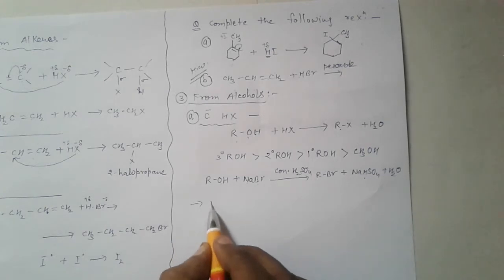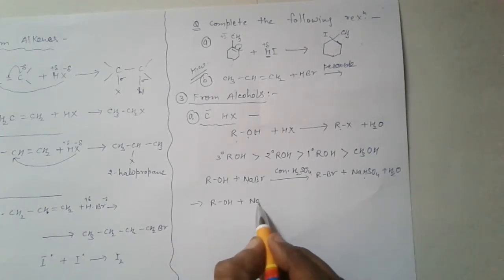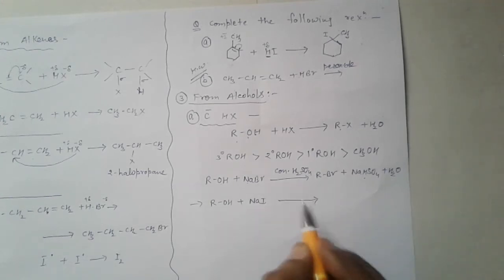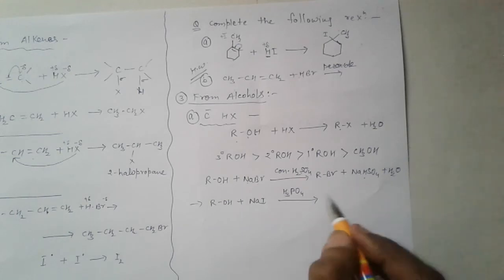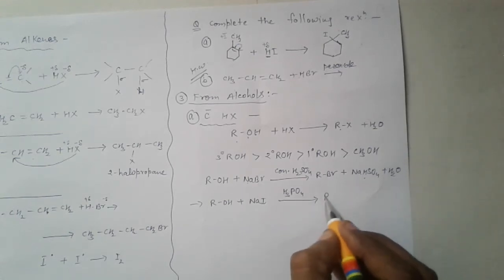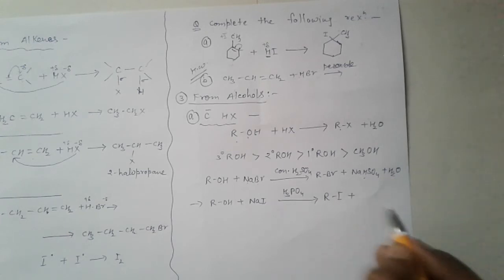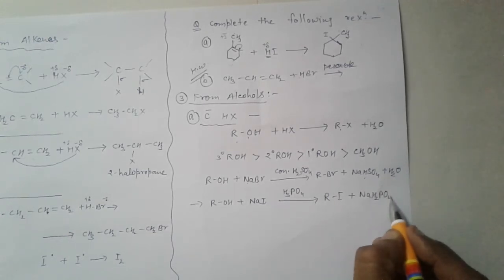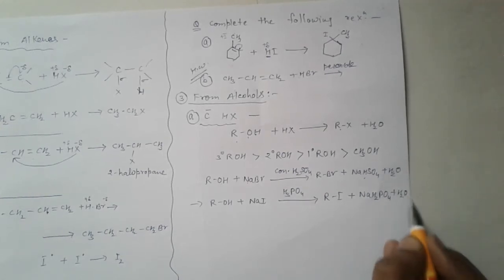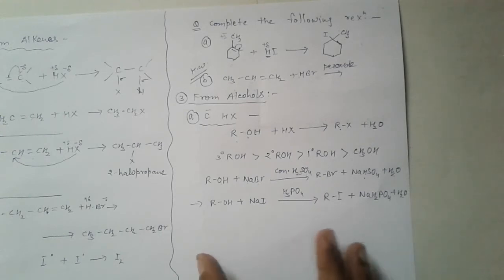Similarly, alcohols are treated with sodium iodide in presence of phosphoric acid, then alkyl iodide is formed. Here sodium dihydrogen phosphate and water molecule is also formed as a byproduct.